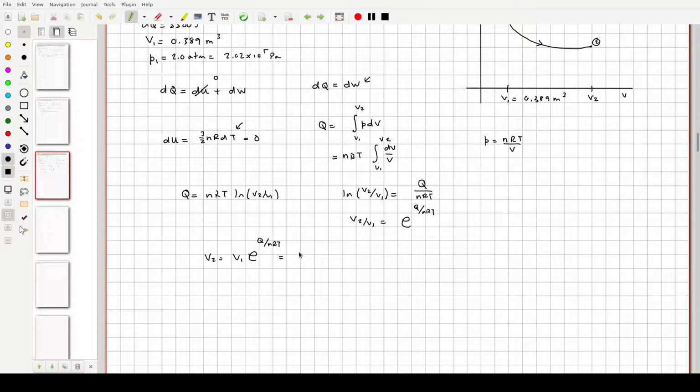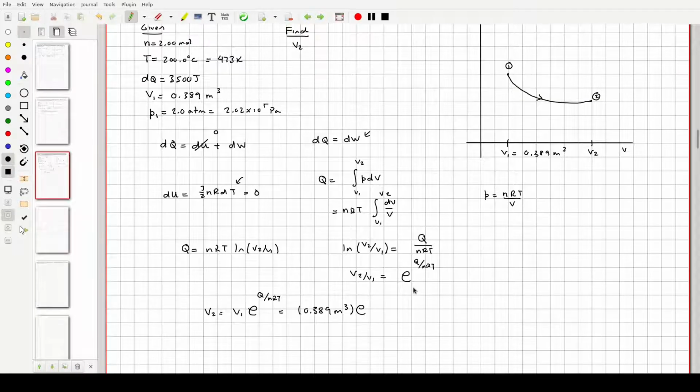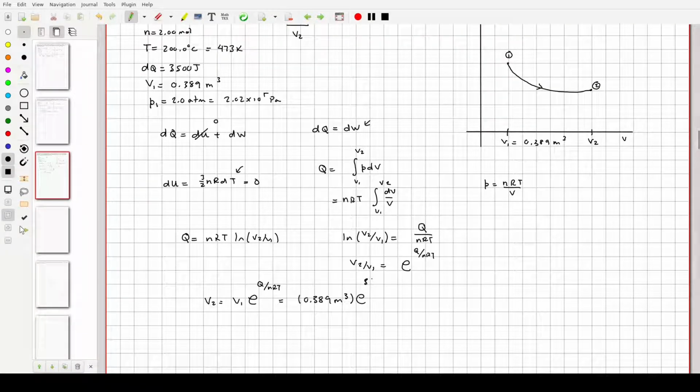So V1 is 0.389 cubic meters. The amount of heat that we're adding is 3,500 joules. n is 2 moles. R is 8.314 joules per mole Kelvin.